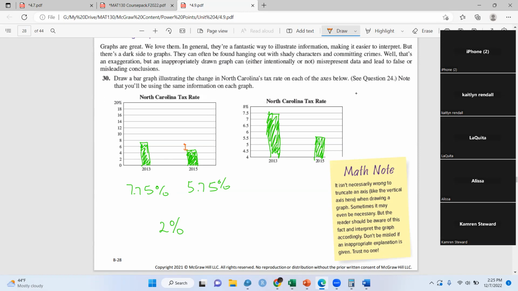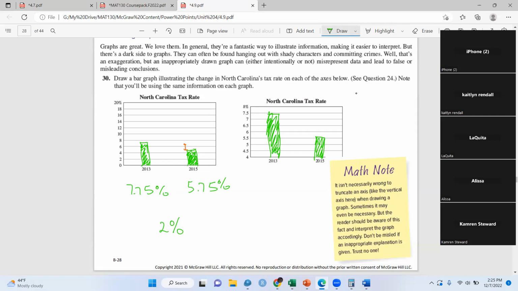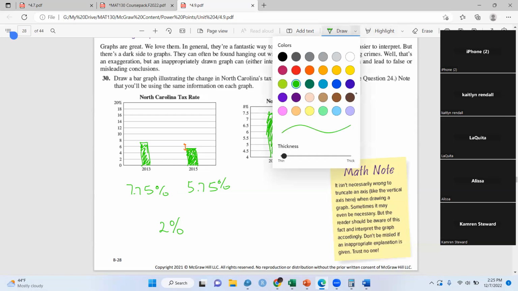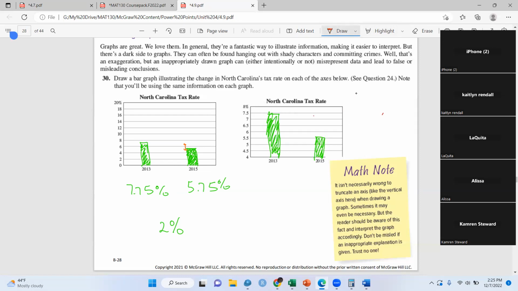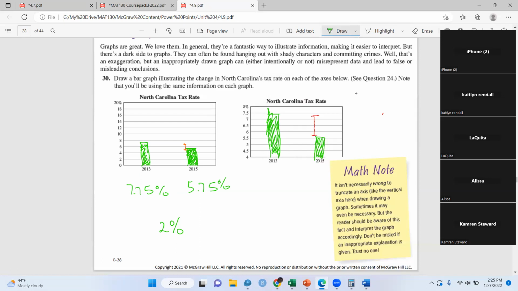It's not particularly large, and really I probably didn't draw it as good as I should have. This should be up even a little bit higher. It should be a little closer to the 6. Whereas in the second one, it almost looks like this bar is like half as large as the other bar. I mean, you can count the number of bars between the two. Oh, and I even drew this one wrong, right? 7.75 should really be like up here.